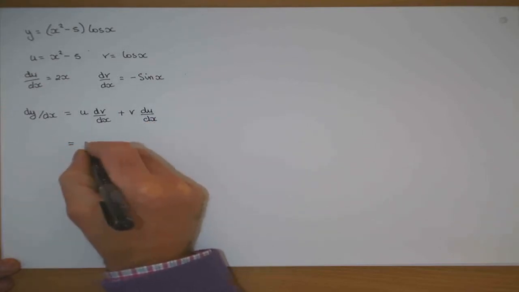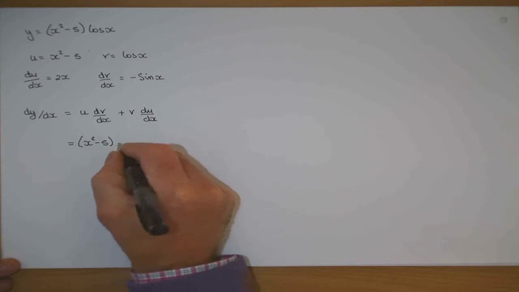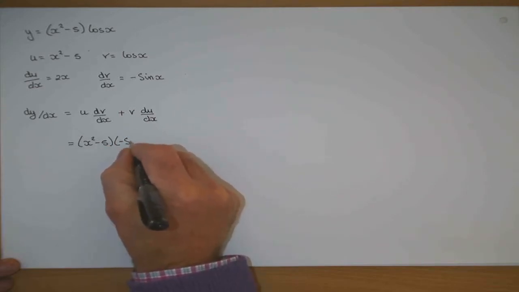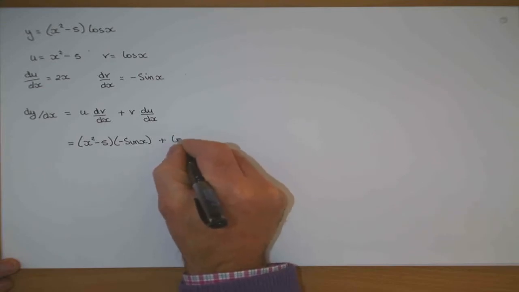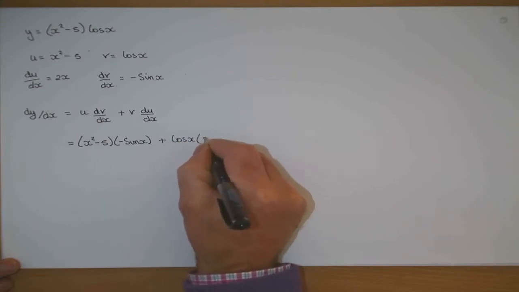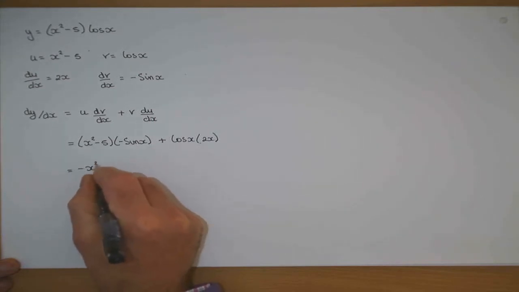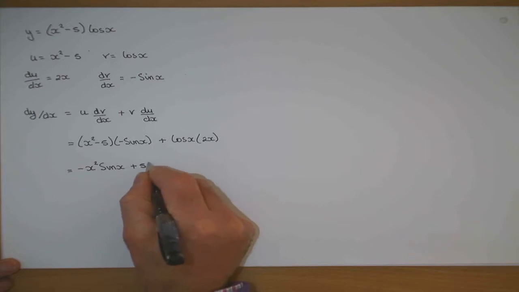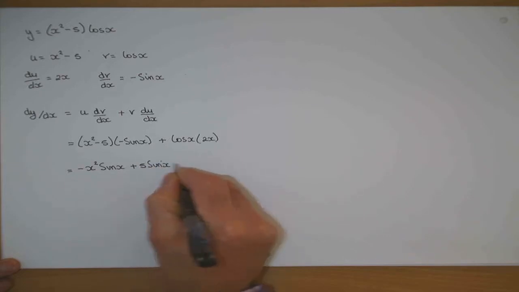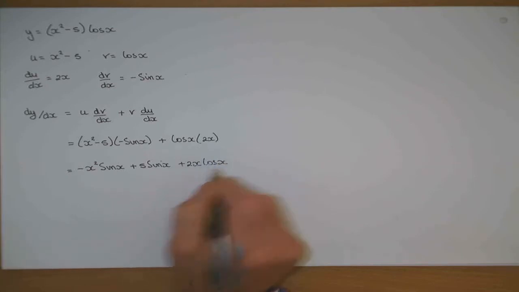It is equal to u, (x squared minus 5), by dv/dx, minus sine x, plus v, cosine x, by 2x. That'll be minus x squared sine x plus 5 sine x plus 2x cosine of x.